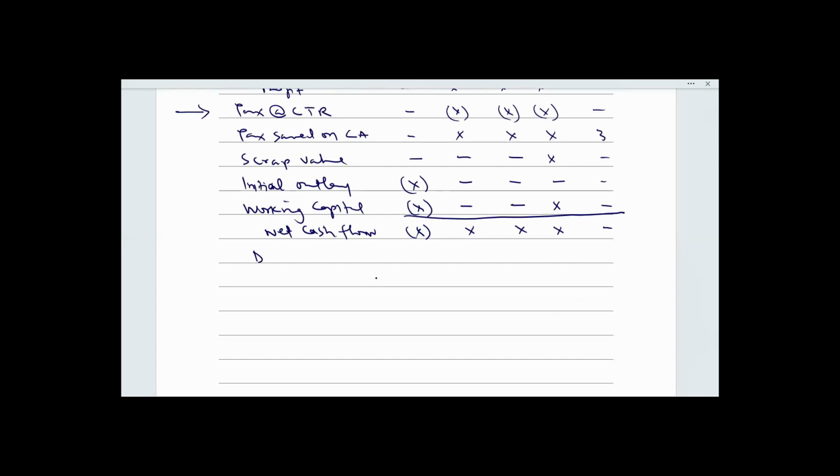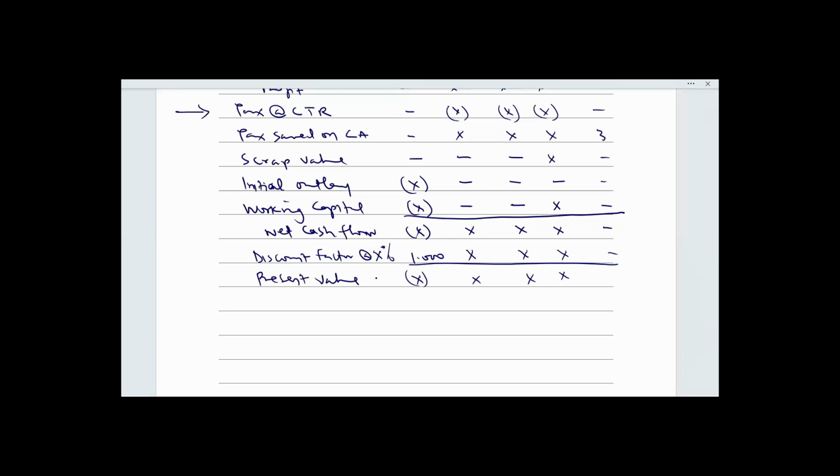Therefore, I need to have my discount factor, at whatever percentage cost of capital. For year 0 it is 1. I will do this, then I will multiply. Once I multiply, I will get the present value.